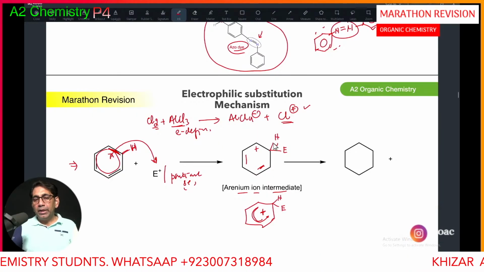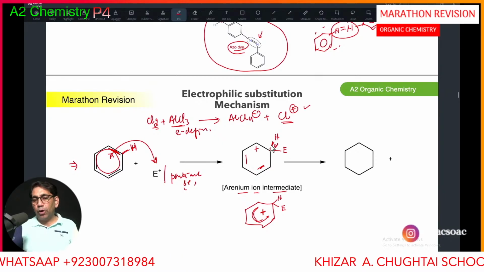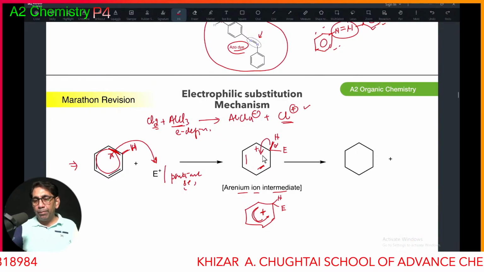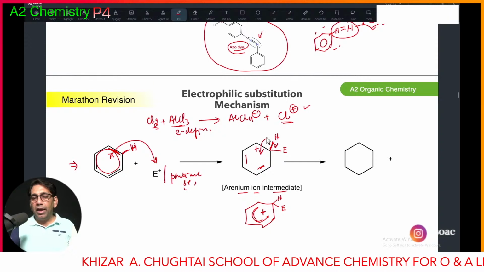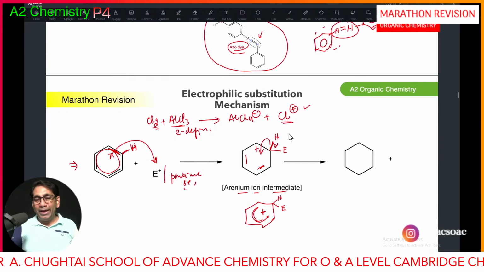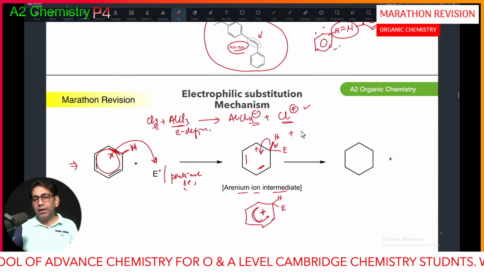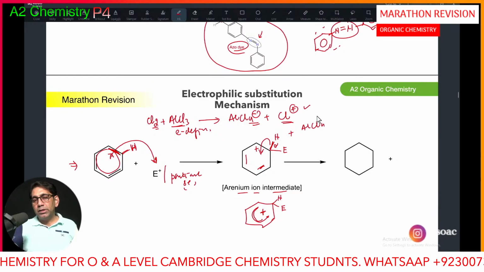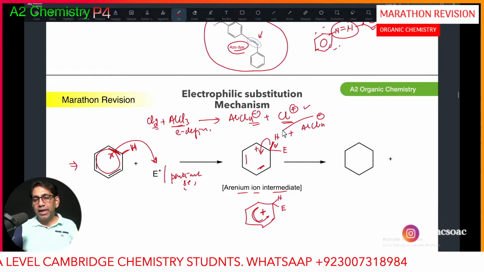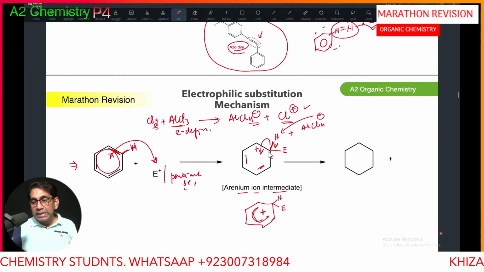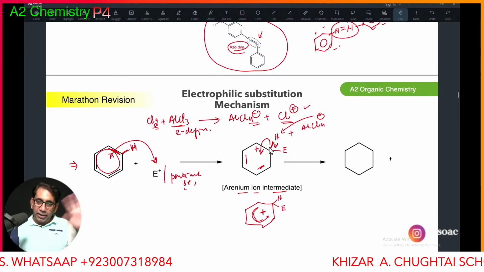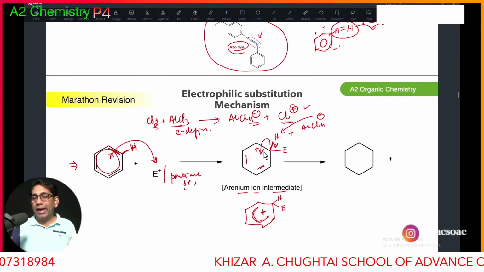In the next step, this CH bond is moving back inside the ring. It is basically snatched by this AlCl4 negative ion, which will snatch this hydrogen, and this CH bond is broken and shifted back towards the benzene ring.